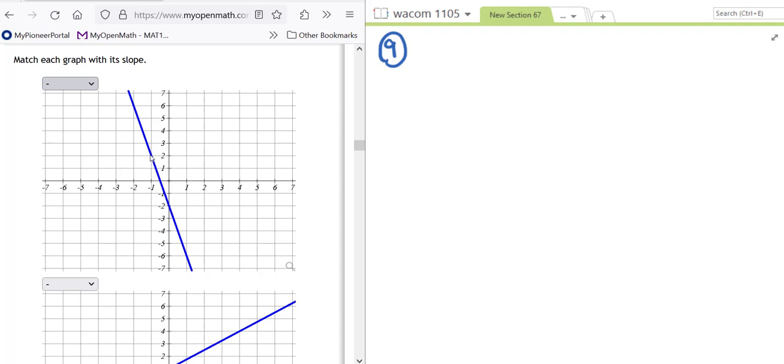And so I'm going to use this point right here because it's at the corners. You want corners because you want to move a whole unit, right? And we're going to do vertical movement over horizontal movement, okay? And that will be slope. So if I start here, and I'm going to move down to this one right here.